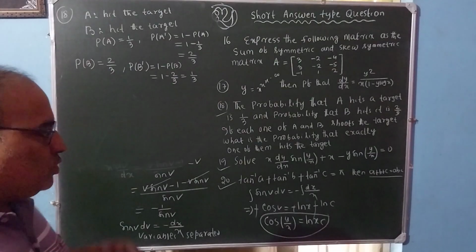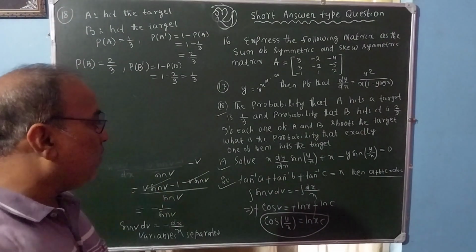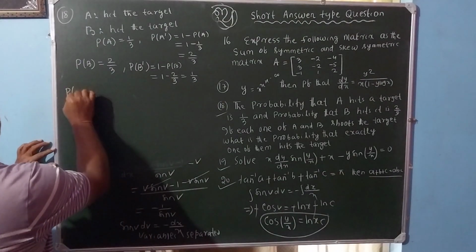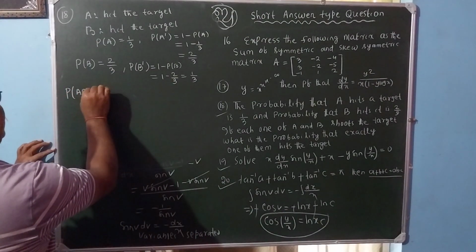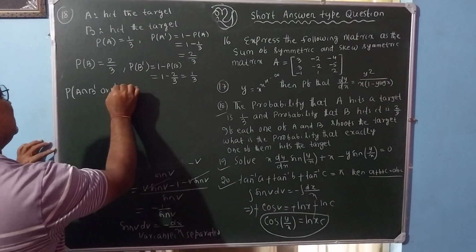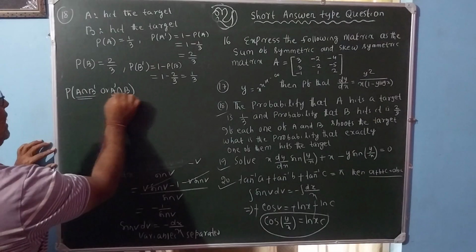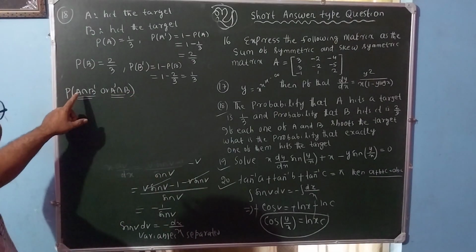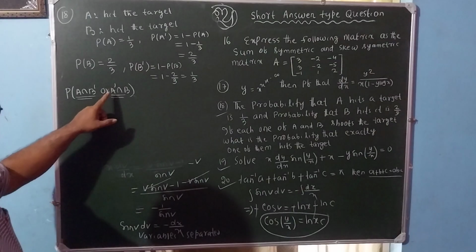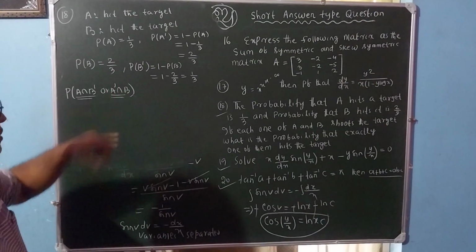Our question is, what is the probability that exactly one of them hits the target? So we find A intersection B dash or A dash intersection B. Our aim is that one of them hits the target. If A hits the target, B does not hit the target, or if A does not hit the target, then B hits the target.